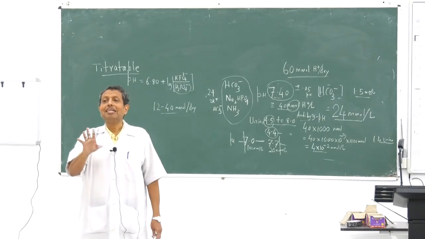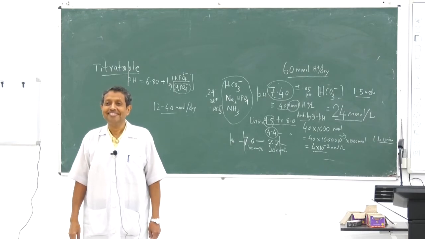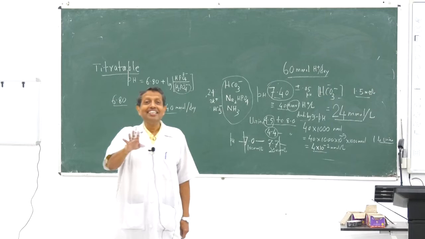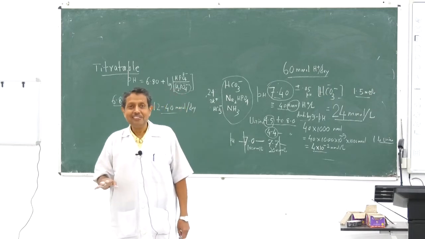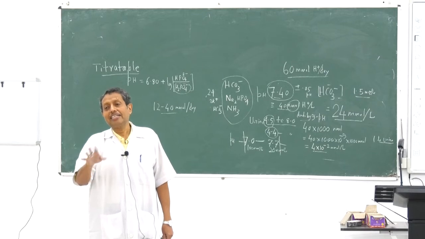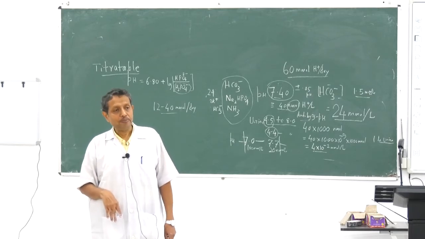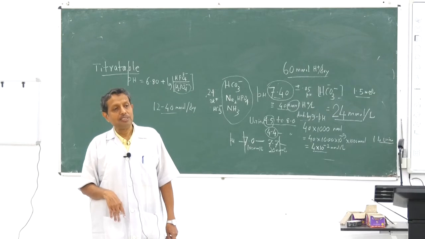What is meant by titratable acidity? When the urine is titrated up to the value of 7.4, you get some value, and it is called titratable acidity. Clear?